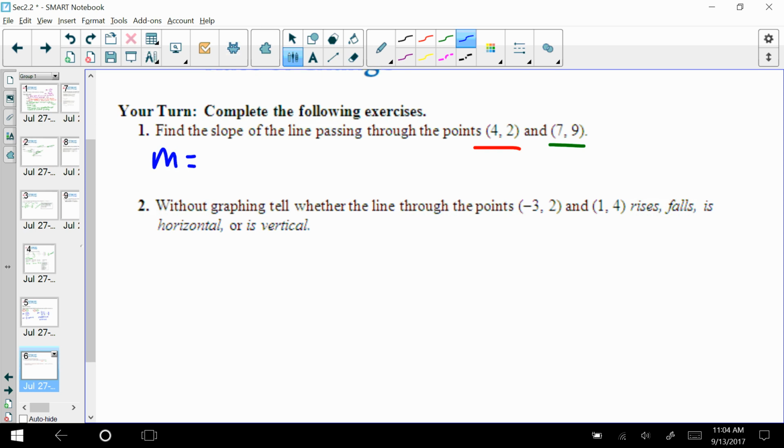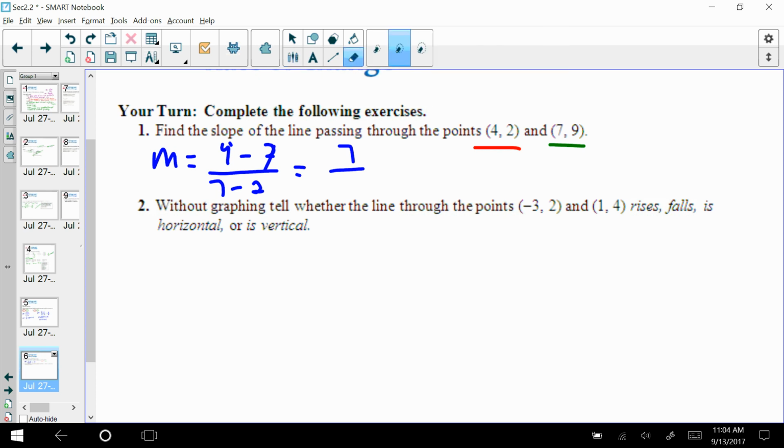So we have the slope equals y2, which is 9, minus y1, which is 2, divided by x2, which is 7, minus x1. I made a copy error, so let's fix that.